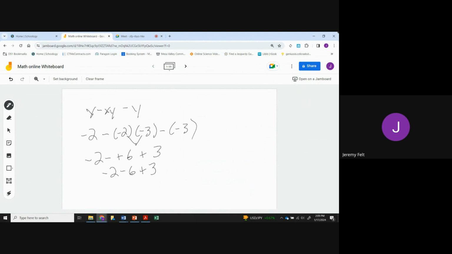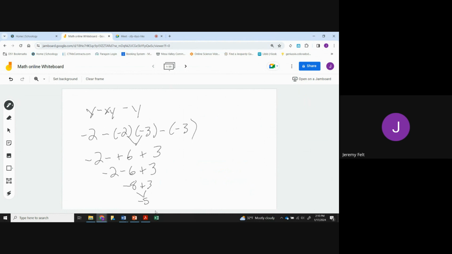Let's get it reduced down until we have only addition and subtraction and only one symbol between our different numbers. -2 minus 6 is -8. -8 plus 3 is -5. So we work all the way through. We first put in our numbers, and then we still follow order of operations.